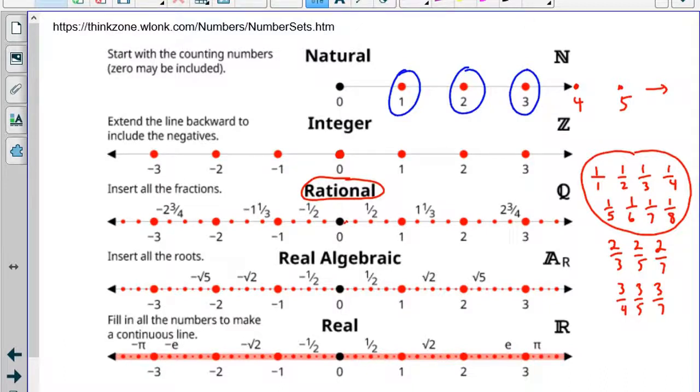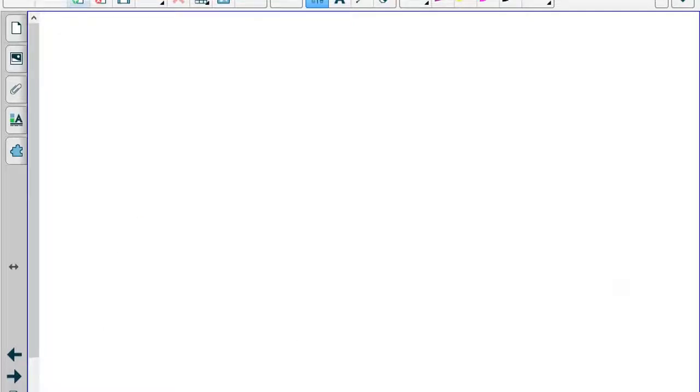Now, the next thing is going to be called algebraic numbers. We have not talked about those. There's one more distinction that we haven't talked about for real numbers, and that's between algebraic and transcendental.